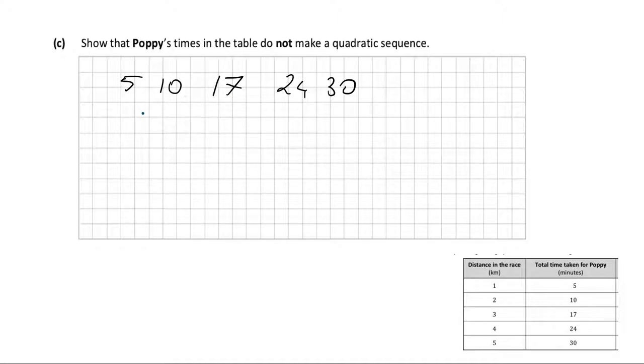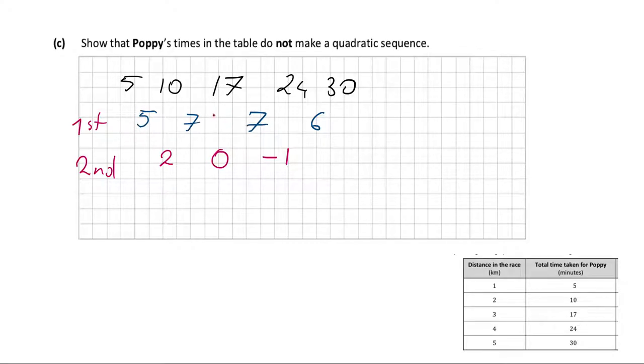10 minus 5 is 5, 17 minus 10 is 7, 24 minus 17 is 7, and 30 minus 24 is 6. So then going into our second difference, we have 7 minus 5 is equal to 2, 7 minus 7 is equal to 0, and 6 minus 7 is equal to minus 1. So this is our first difference, and this is our second difference.